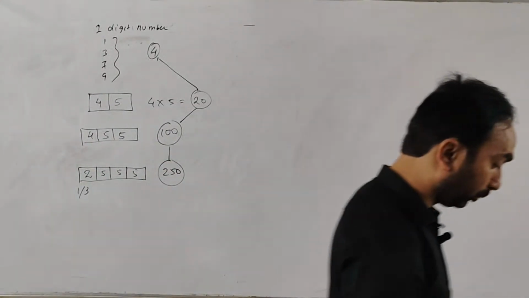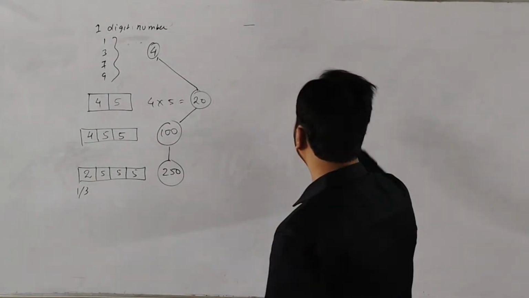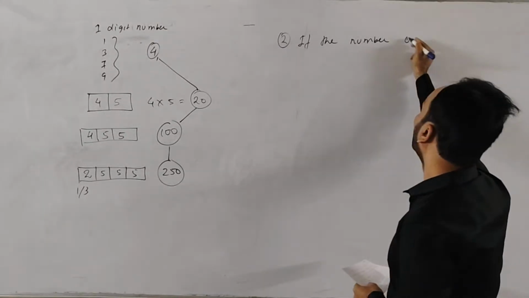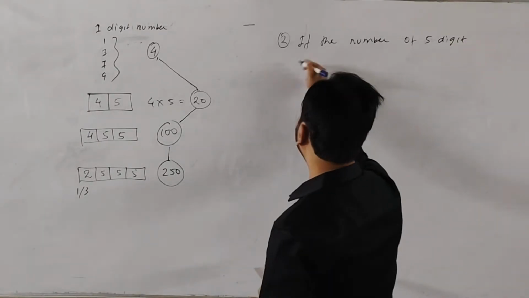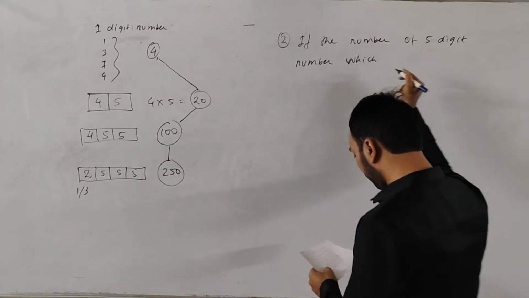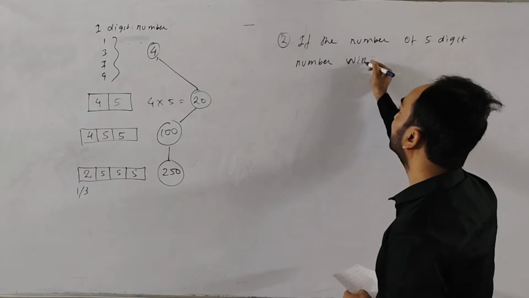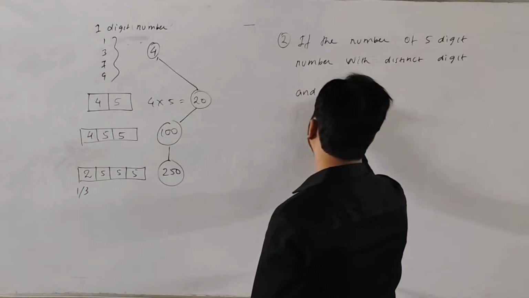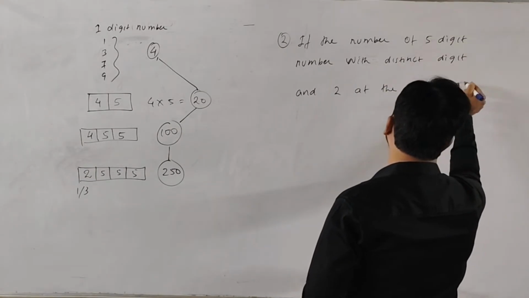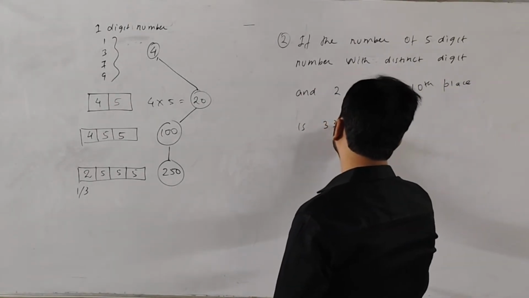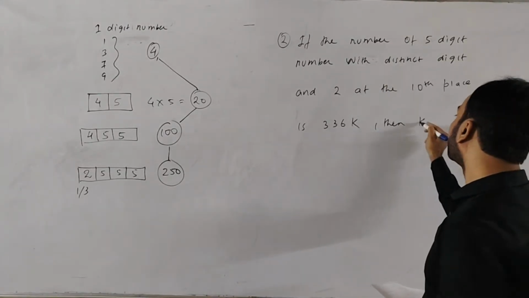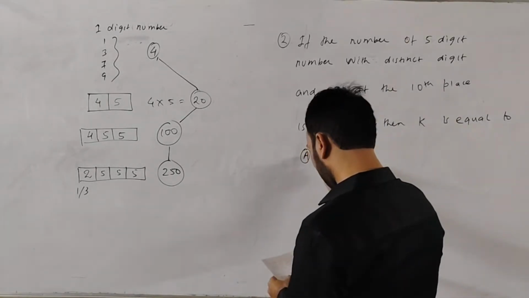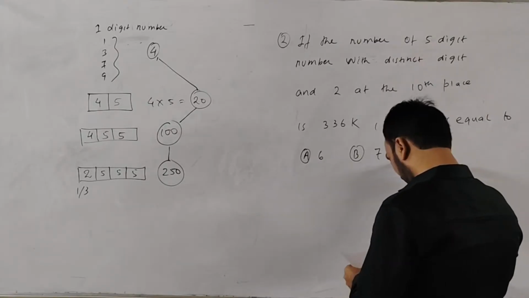Question number 2 is: if the number of 5-digit numbers with distinct digits and 2 at the 10th place is 336k, then k is equal to? Options given are 6, 7, 4, and 8.